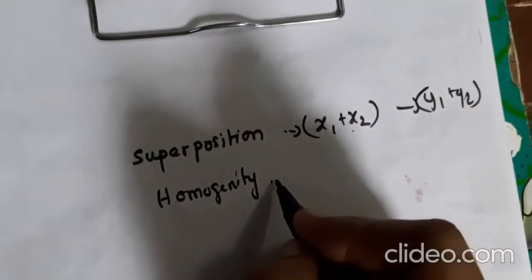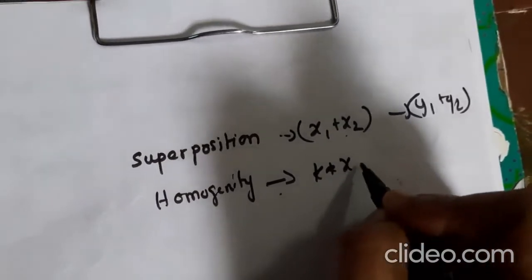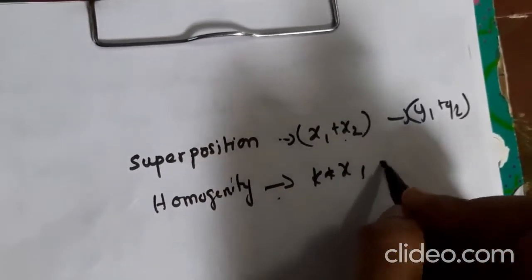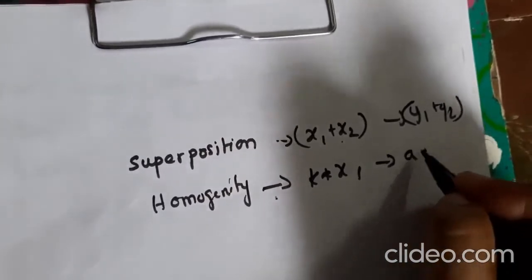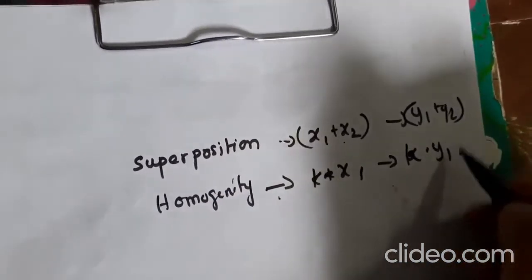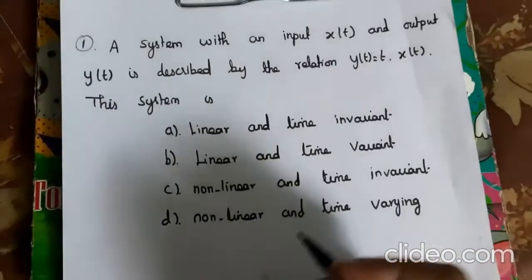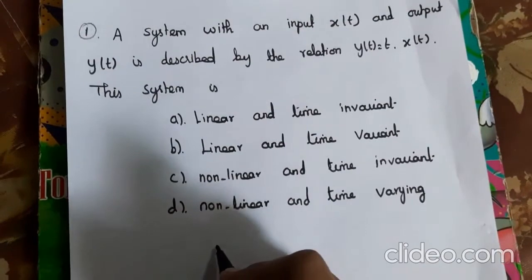Homogeneity: if you multiply the input with any scale value, the output is also multiplied with that scale value. If the system satisfies these two conditions, the system is said to be linear. Find whether the system is linear or not.